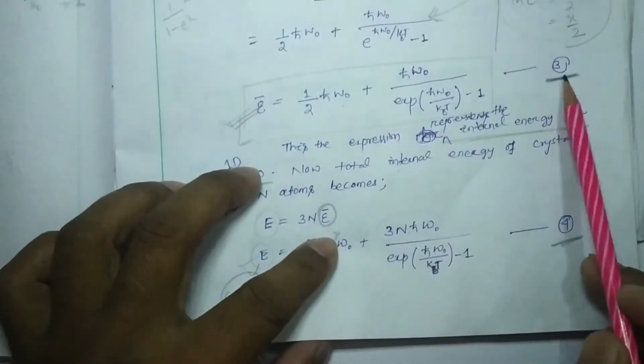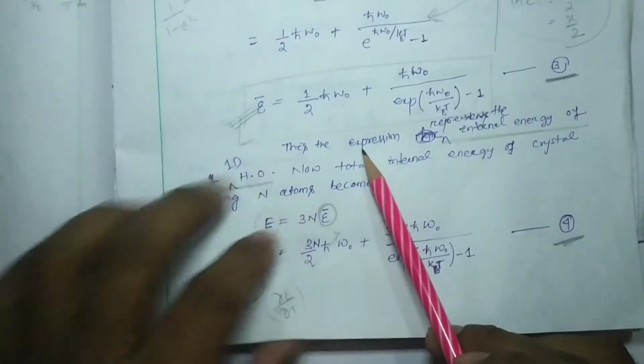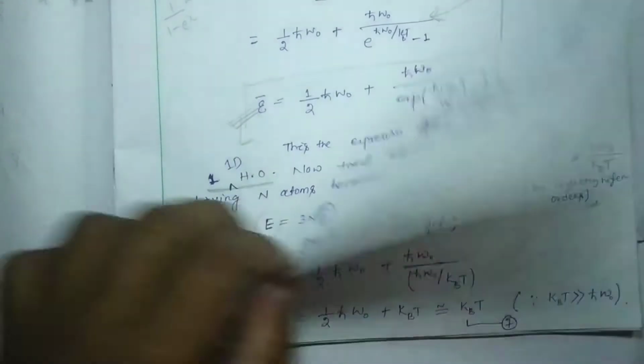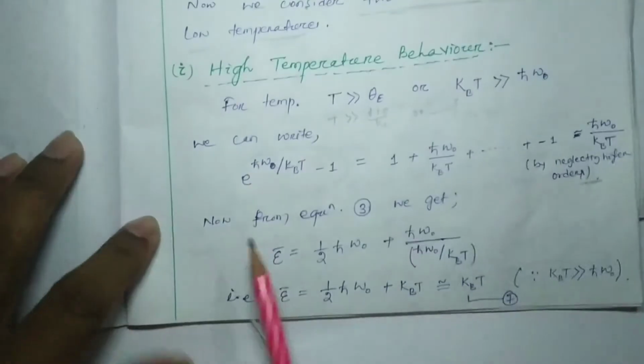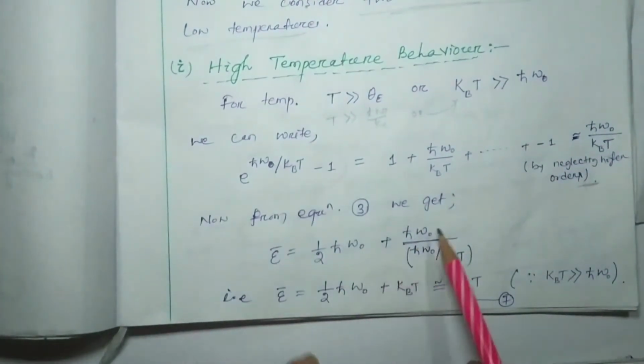The average energy will be half h cross omega 0 plus h cross omega 0 divided by h cross omega 0 by kBT.